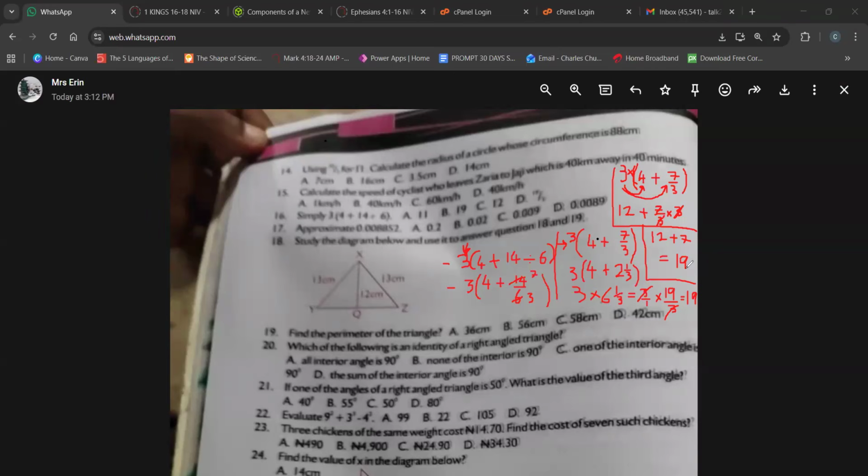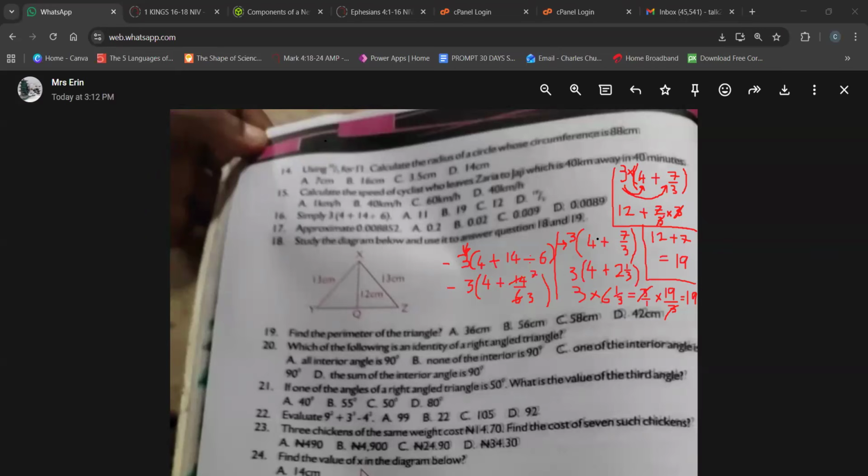The problem is that they did not tell us whether we are going to change it to two significant figures, or approximate to the nearest hundreds of thousands. Thank you very much. They didn't tell us whether it's to two significant figures, two decimal places, or three decimal places. They did not say anything.